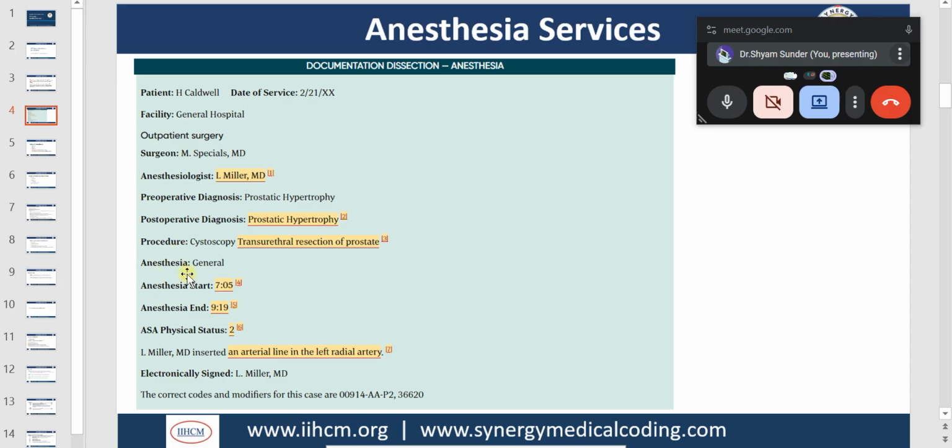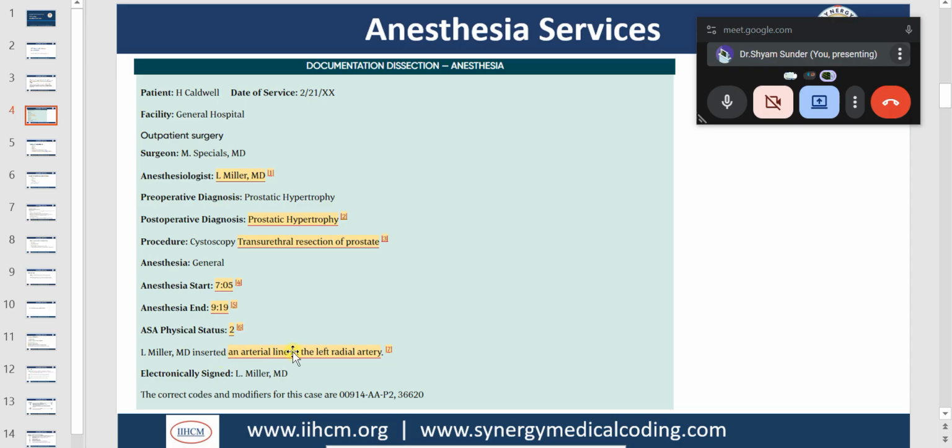Anesthesia type, is it general or spinal? We'll discuss. And start time, stop time. Anesthesia start time, stop time. Very important. And ASA physical status. So we'll discuss what is physical status. Then apart from general anesthesia, are there any services rendered?